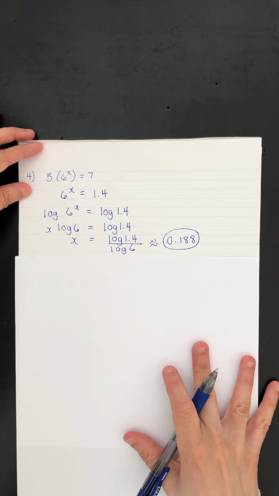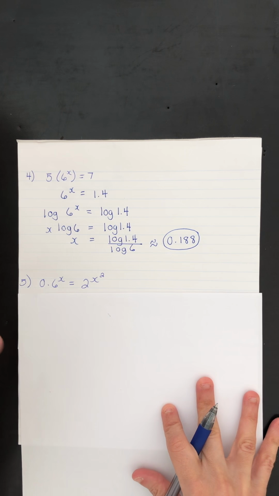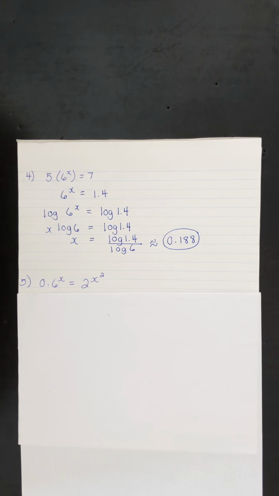Okay, problem 5. Now look, problem 5 is quite a bit different. I hope you'll notice that the unknown x is actually in 2 different places in the problem.